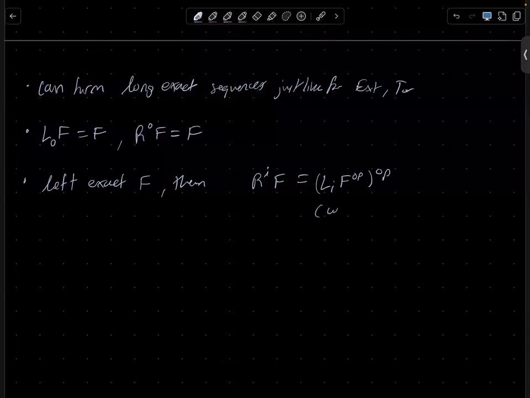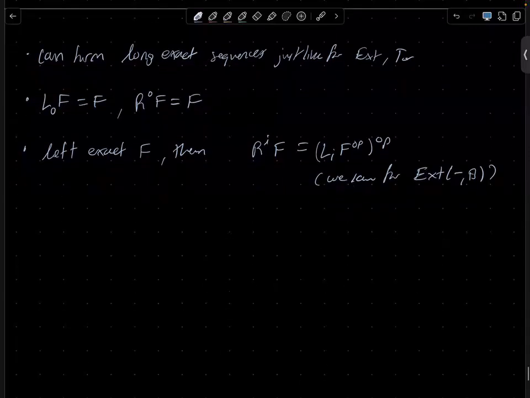So we saw this for the contravariant Hom functor. That was interesting, and it's similar the other way too. I'll let you do that.